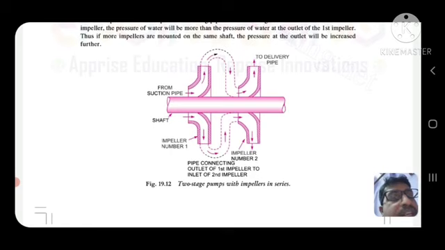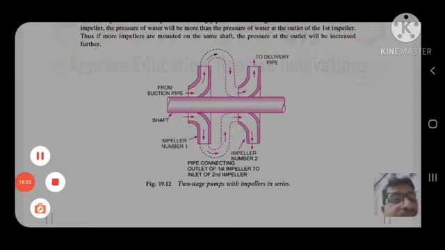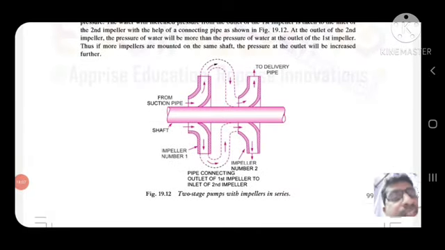From suction pipe to delivery pipe, shaft, impeller number 1, impeller number 2. That is the two-stage pump with impellers in series. Okay, two-stage centrifugal pump from suction pipe to delivery pipe.